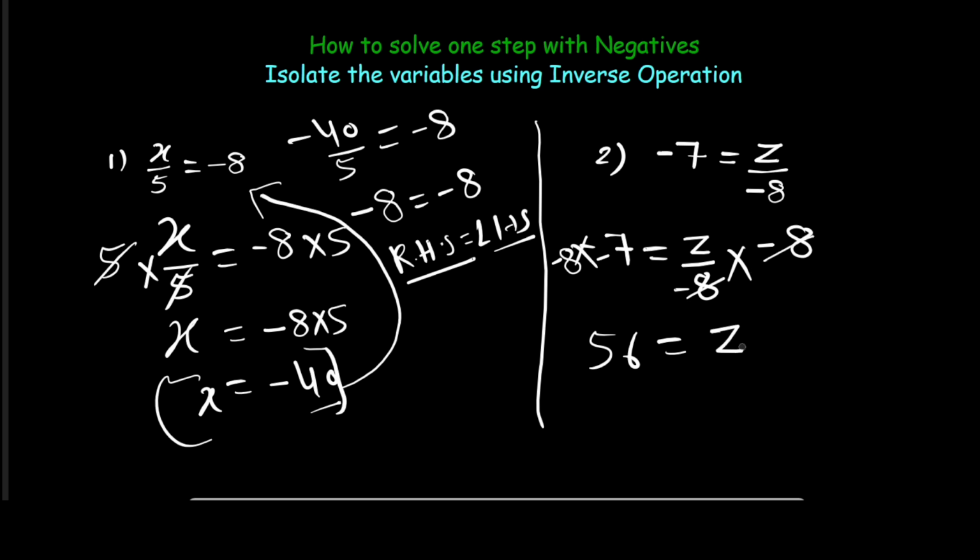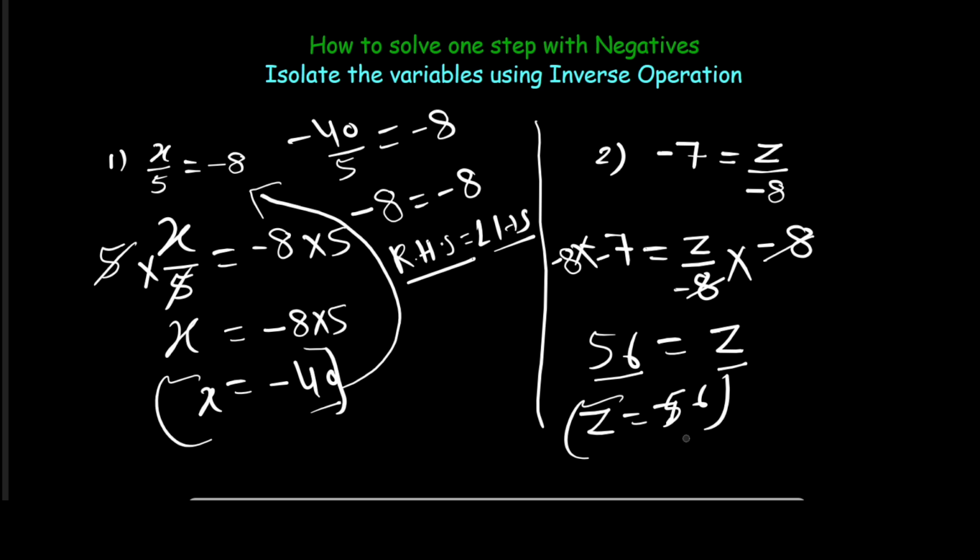So z is isolated here, which equals 56. We can rewrite it like this: z equals 56. So here is our solution, z equals 56.